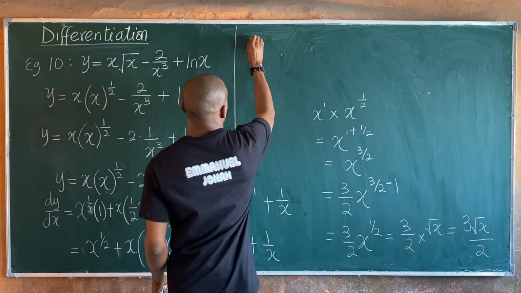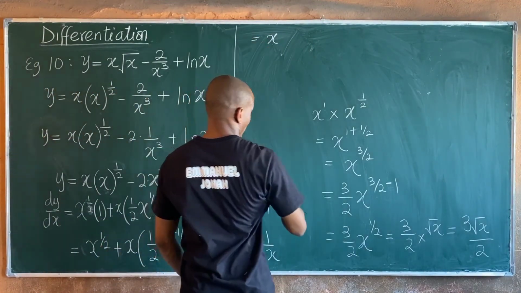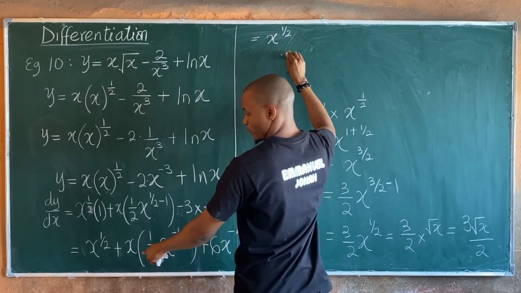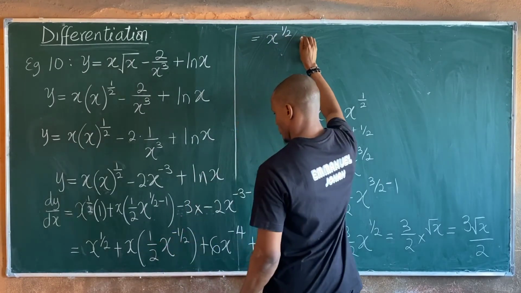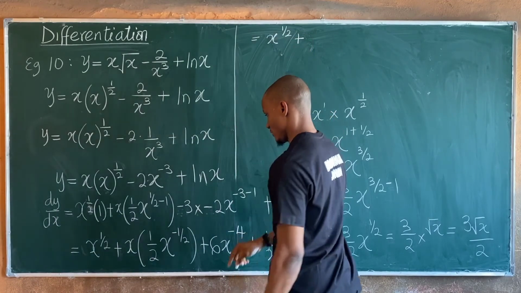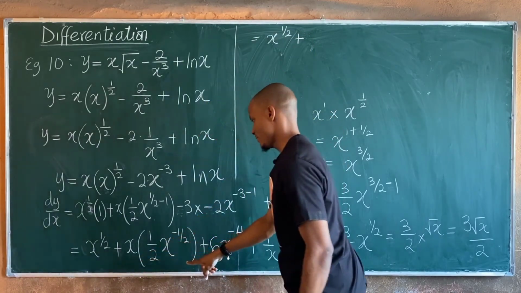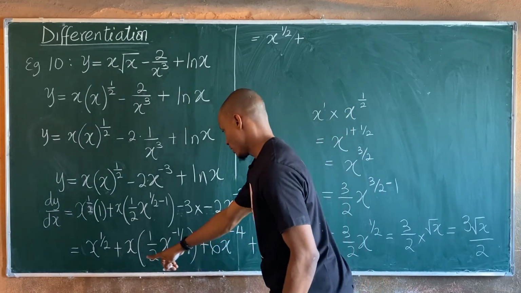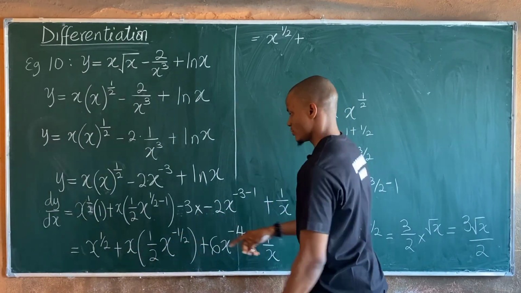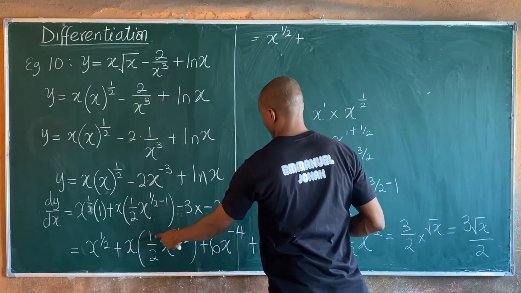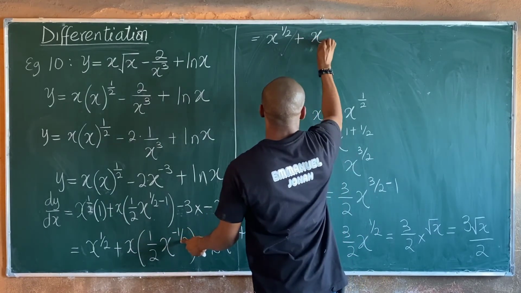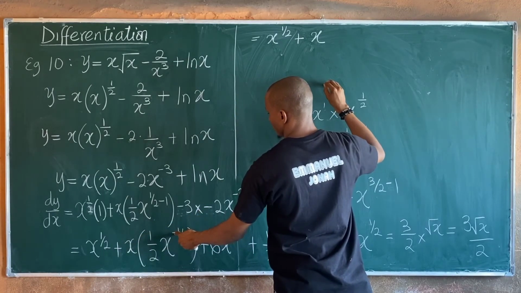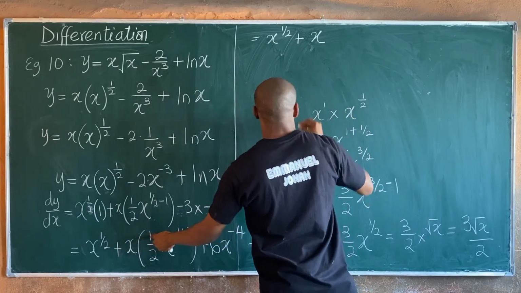Work on this now. This will now be equal to x to the power 1 over 2 plus, if I multiply these ones here, x times 1 is x.